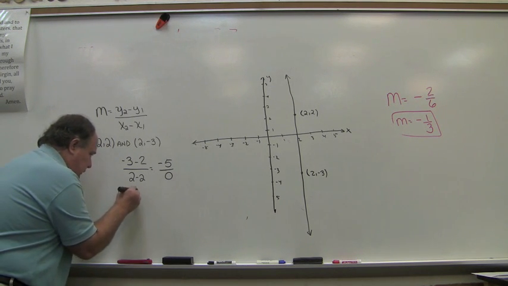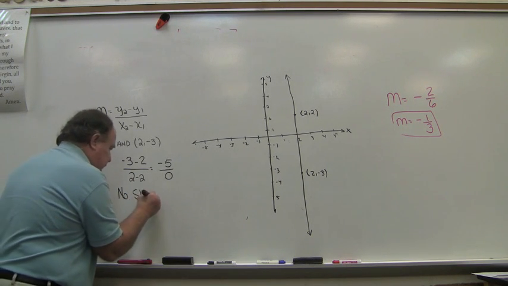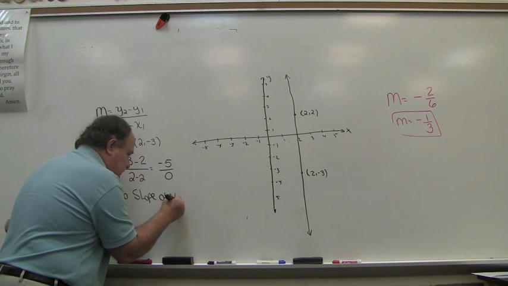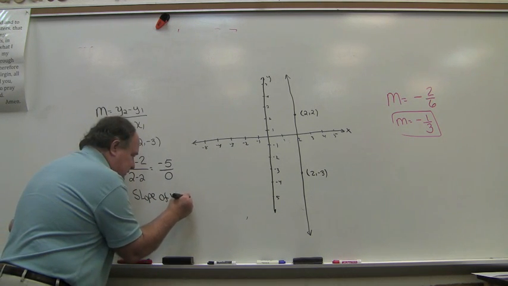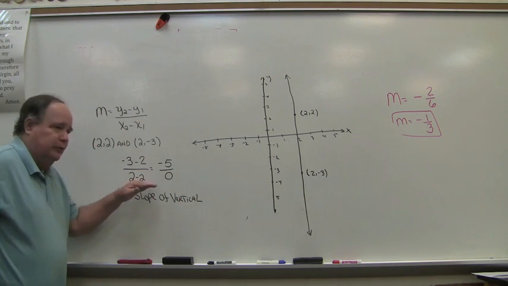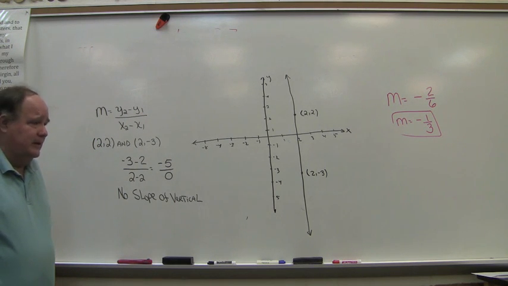No slope of a vertical line. That's the reason. What I usually do is I just have that memorized over the years, so I know I don't have to go through this procedure, that a vertical line up and down has no slope.